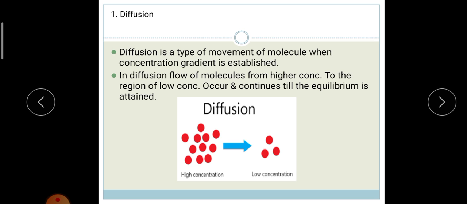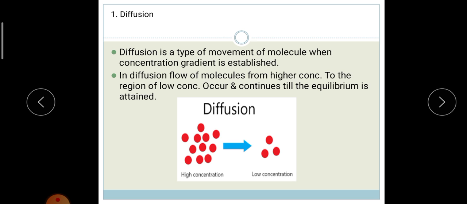Concentration gradient is nothing but movement of molecules from one part of the cell to another part where the molecules are unequal. That means on one side the solute concentration is high, and on another side the number of solutes or molecules is less. Then there is establishment of a concentration gradient where the specific molecules may get transferred from one solute concentration to the other solute concentration, right? That is known as diffusion.